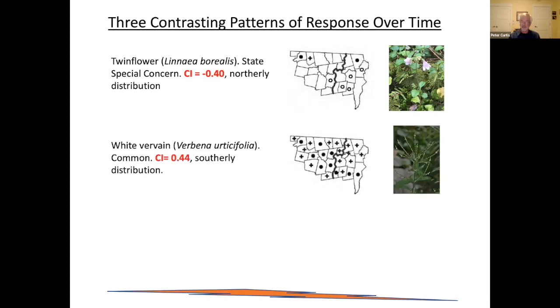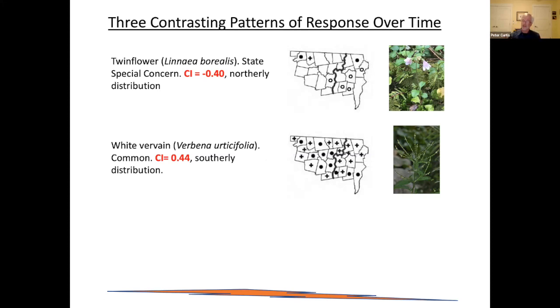On the other hand, to contrast with that, white vervain, a verbena species, is common. It had been reasonably common in Massachusetts, and it's increasing. It's now found in essentially every single town in Franklin County. It's primarily a southerly distributed species.